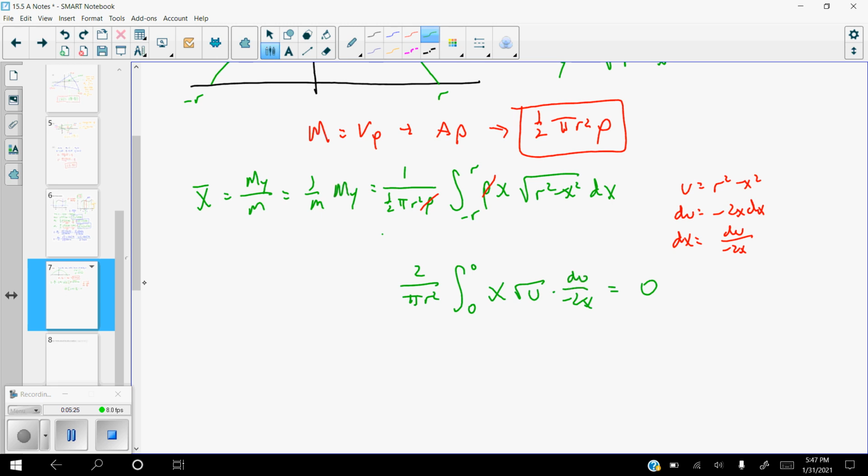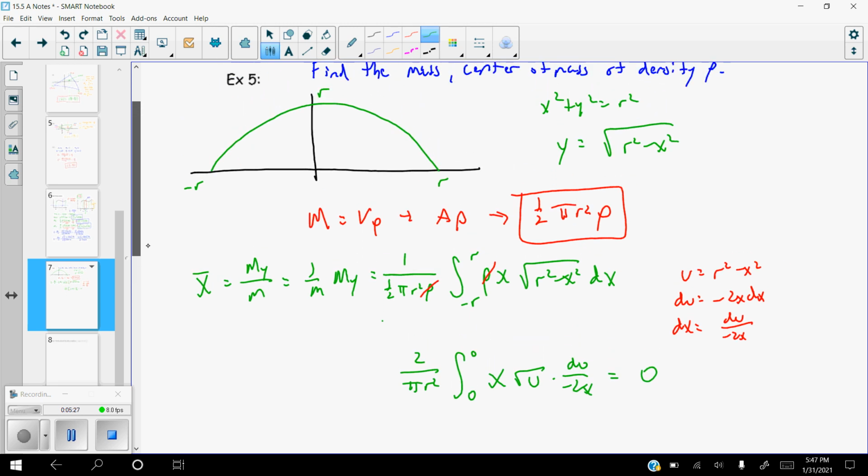And really, if you think about it, that should make sense. We just found the moment of y, which is where the center of this thing would be to keep it from revolving around the y-axis. Well, if I had drawn it better, you would clearly see that because it is a semicircle centered at the origin, the center of mass, because it's a constant density, would have to be right at the origin.